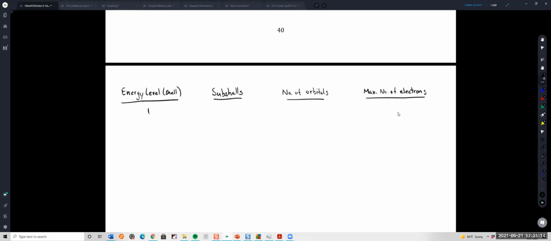Okay, so the first shell contains a single S subshell, and we call it 1s. An S subshell always has 1 orbital in it. And so that's 2 electrons total. The second shell has a 2s subshell and a 2p subshell.